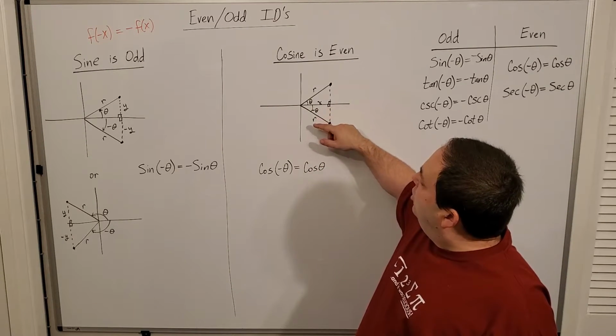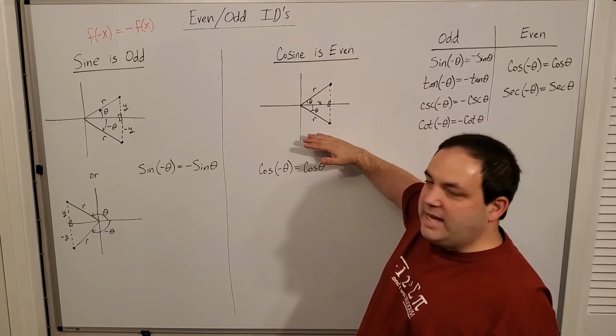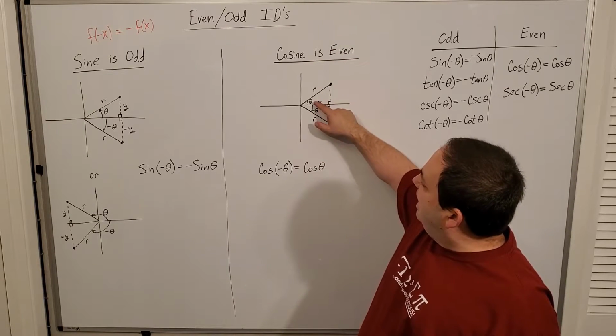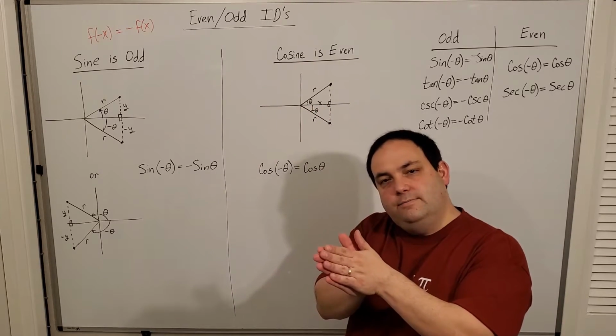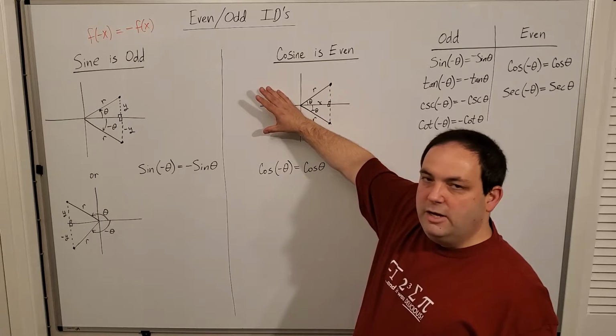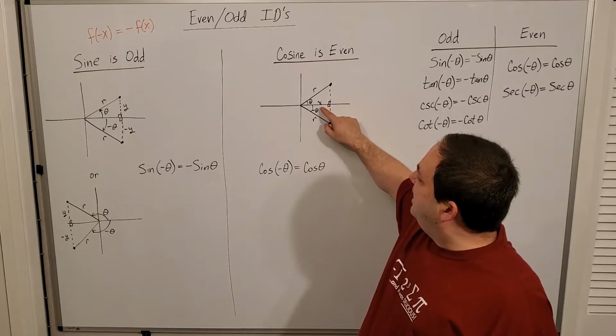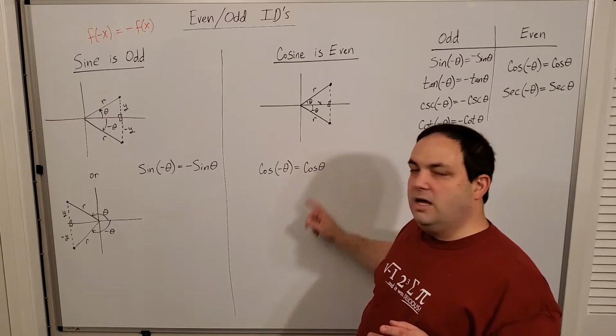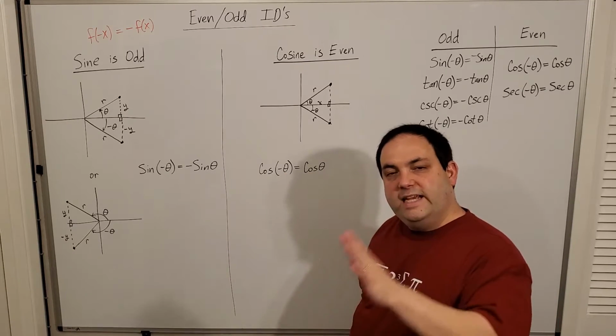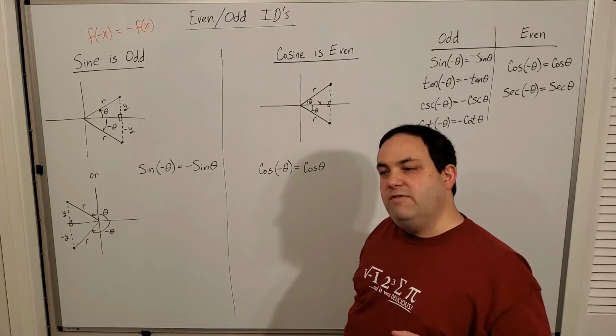So if I rotate up or if I rotate down, as long as they're the same size, they will be sharing that adjacent side. And it doesn't matter if I rotate way over here as well. They're always going to share that x value, which means whether your rotation is negative or positive, you will always get the exact same thing. That's what even functions do.